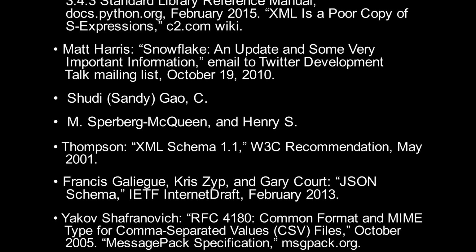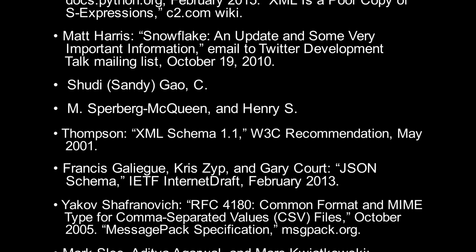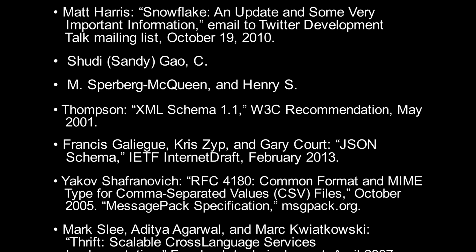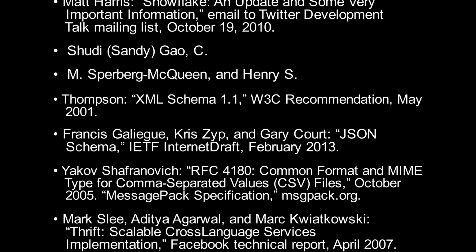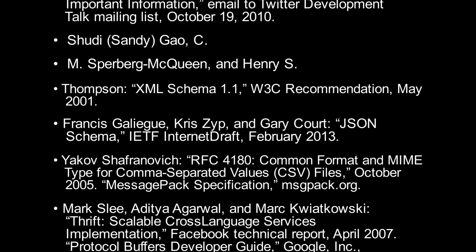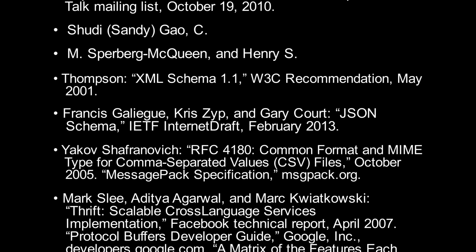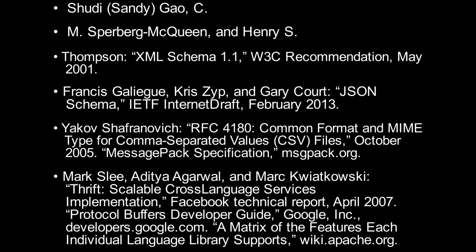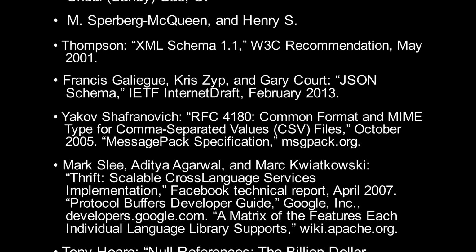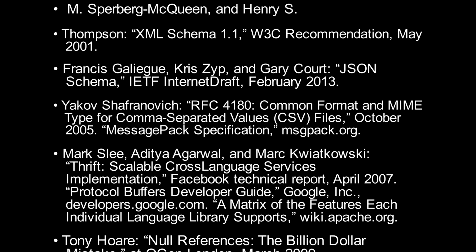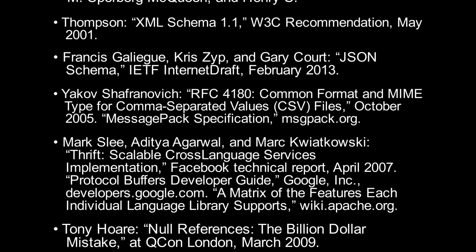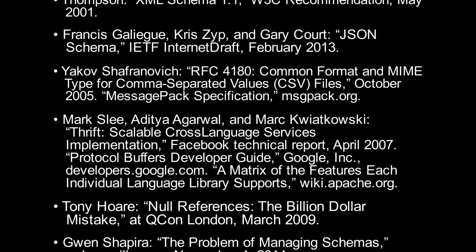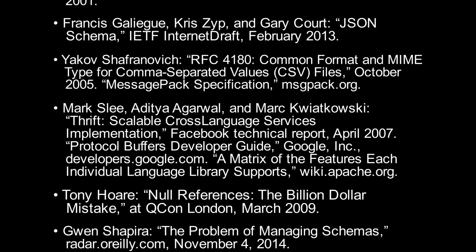Francis Galiegue, Kris Zyp, and Gary Court, JSON Schema, IETF Internet Draft, February 2013. Yakov Shafranovich, RFC 4180, Common Format and MIME Type for Comma-Separated Values (CSV) Files, October 2005. MessagePack Specification, msgpack.org. Mark Slee, Aditya Agarwal, and Marc Kwiatkowski, Thrift: Scalable Cross-Language Services Implementation, Facebook Technical Report, April 2007. Protocol Buffers Developer Guide, Google, Inc., developers.google.com. A matrix of the features each individual language library supports, wiki.apache.org.